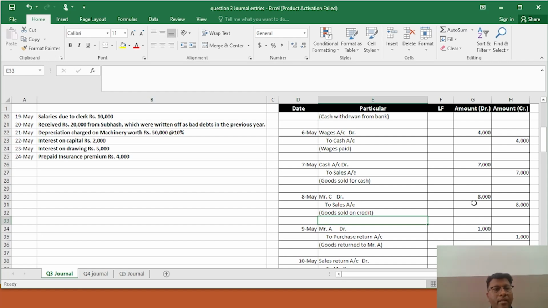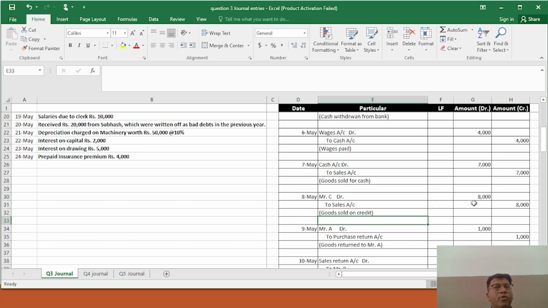So this is again a very new thing for you, I think, that if you are charging the depreciation, so depreciation is treated in account as a loss, and as per the rules of accounting, all the losses would be debited. So here we have to mention this entry that depreciation account debit, and you are charging the depreciation on machinery.